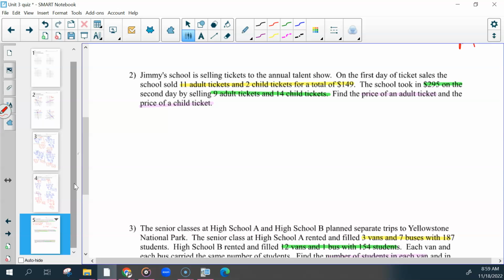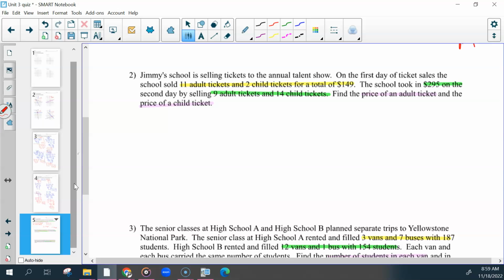Okay. For number 2, the 2 things we don't know are the price of an adult ticket and the price of a child ticket. You could have used those words exactly. Cost of an adult ticket, cost of a child ticket, adult ticket cost, child ticket cost, adult ticket price, and child ticket price. Any of those were fine. If you just put A equals adult ticket and C equals child ticket, I don't know exactly what you don't know about those.